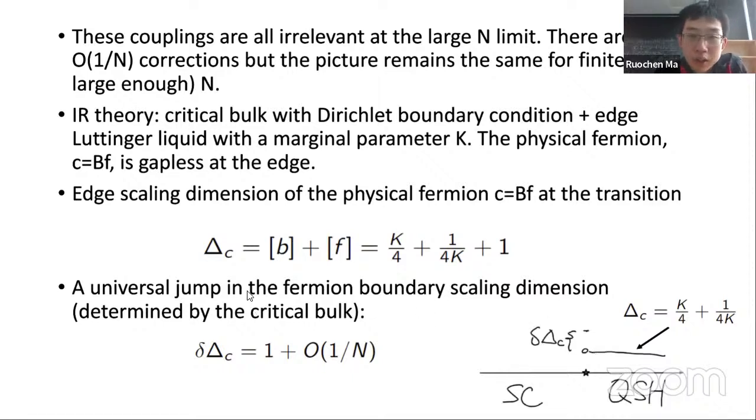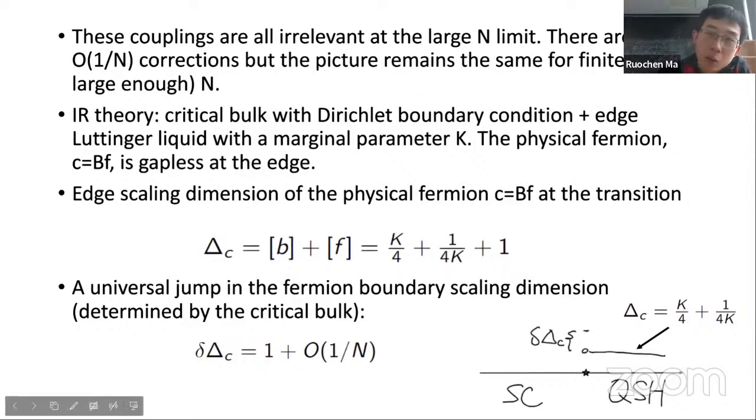But what changes the scaling dimension and gives the universal jump is the contribution from the boundary scaling dimension of the boson field. At the transition, you have a critical boson together with a fermion. And since they decouple, the boundary scaling dimension of a single fermion is the sum of these two.